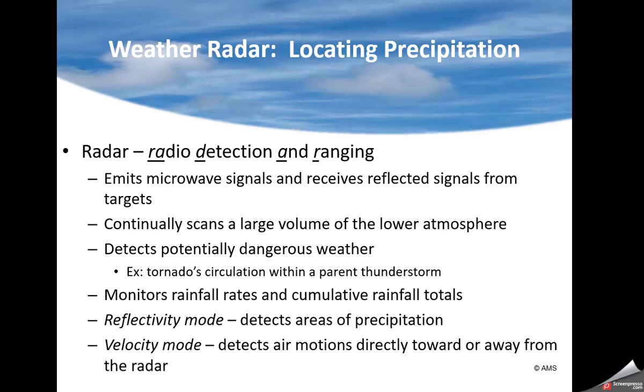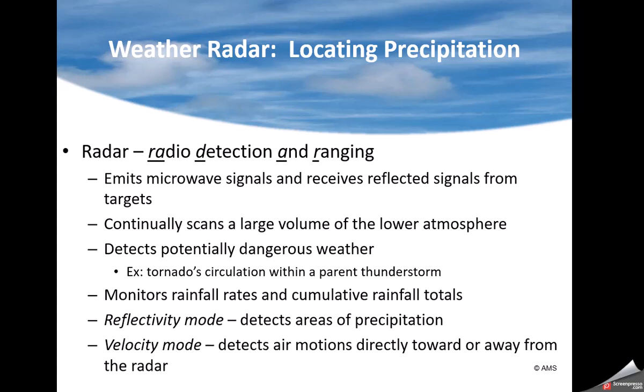Radar is just a way of looking at precipitation, or even some other objects in the clouds. There's a velocity mode and a reflectivity mode. In reflectivity mode, we detect the precipitation, or actually we can detect things like bugs sometimes.